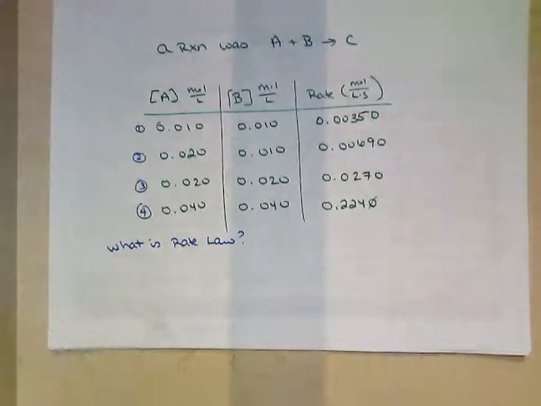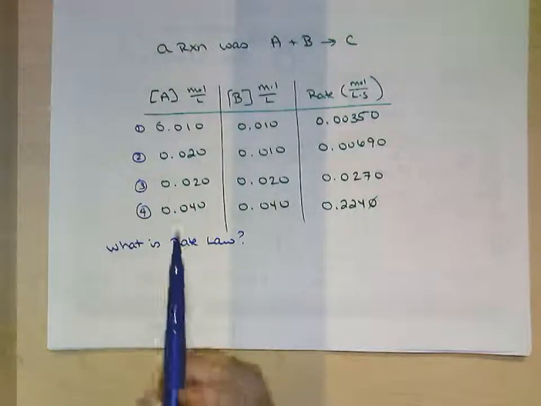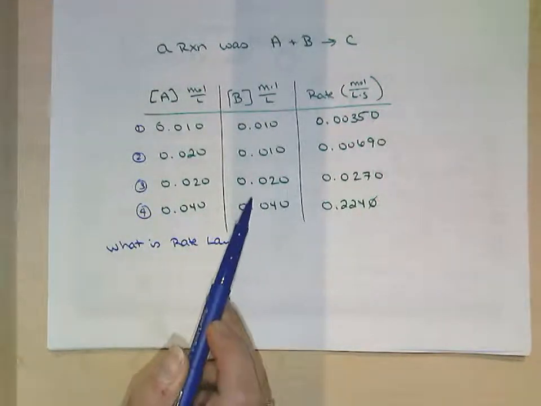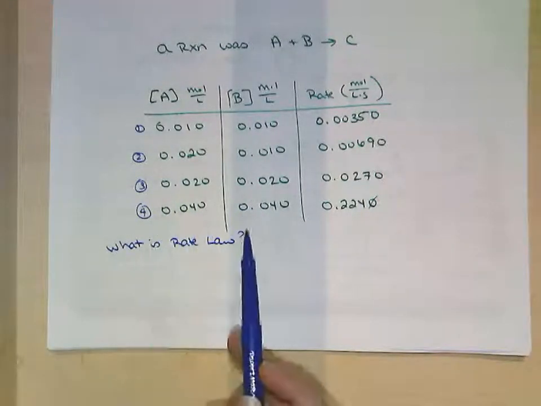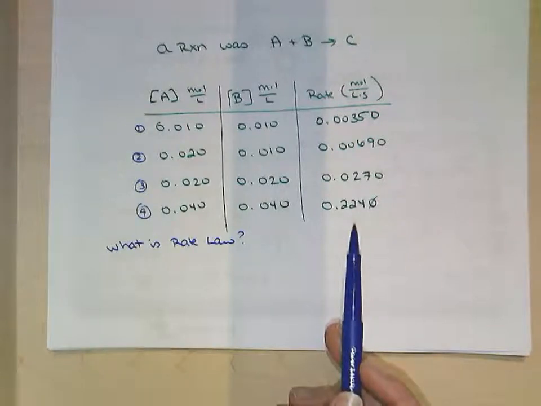I want to figure out what is the rate law for this reaction. So again, we got to look at the 2 different concentrations, hold one constant, change one, see what the rate is, and then do the reverse.